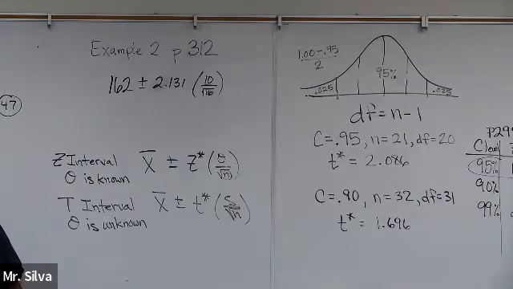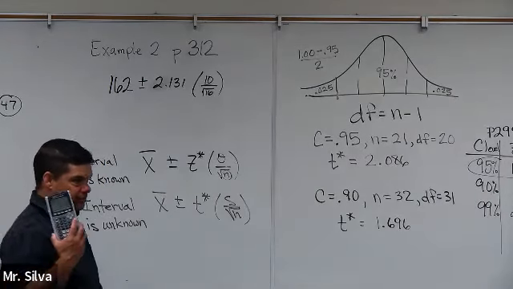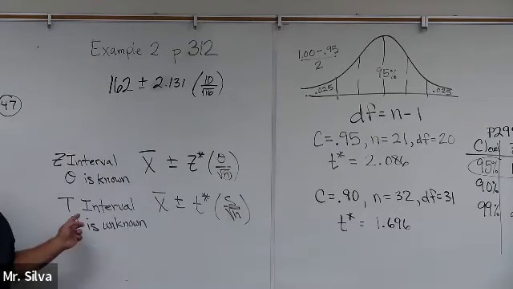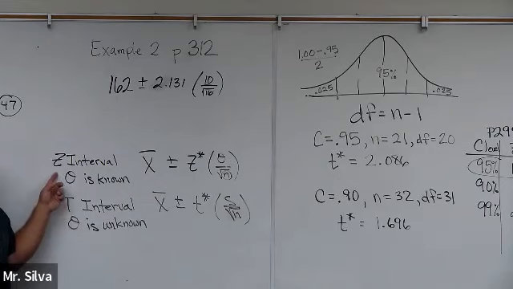We're going to do this on our calculator. That's what it's called. Okay, there's a Z interval. Right underneath the Z interval is T interval. This one was number 7. This one's number 8. T interval.